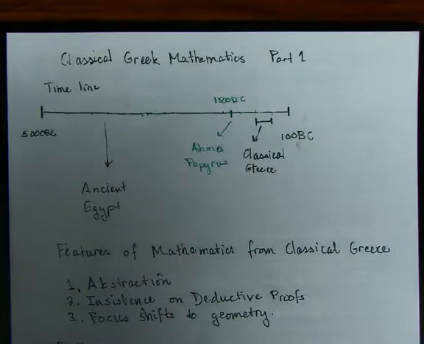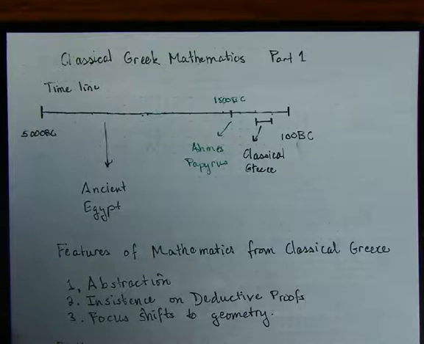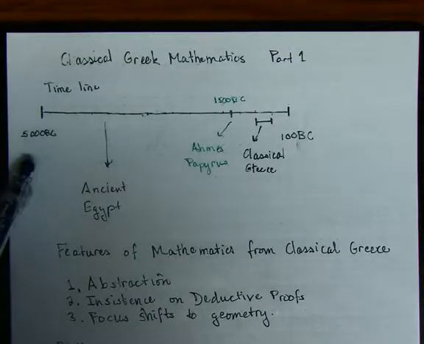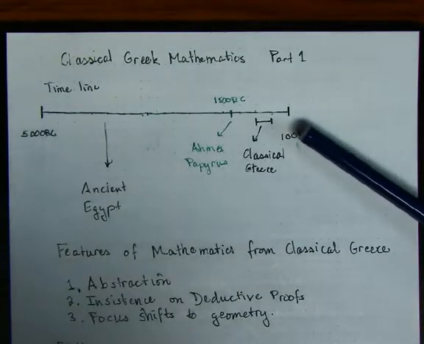I thought I would give you a timeline of the various civilizations that we've talked about so far. The focus of Chapter 1 was the mathematics of ancient Egypt, and as mentioned in the book, the civilization that we refer to as ancient Egypt lasted from roughly 5000 BC to 100 BC.